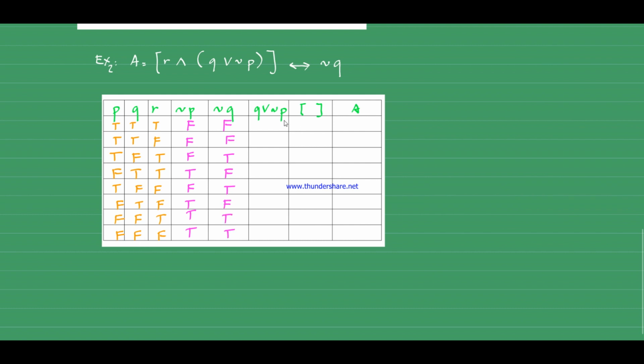Okay, negate this. Now we do the union, the or, between Q and negating P, so between these two columns right here. True with false will be true, because they just need to satisfy one of the requirements.